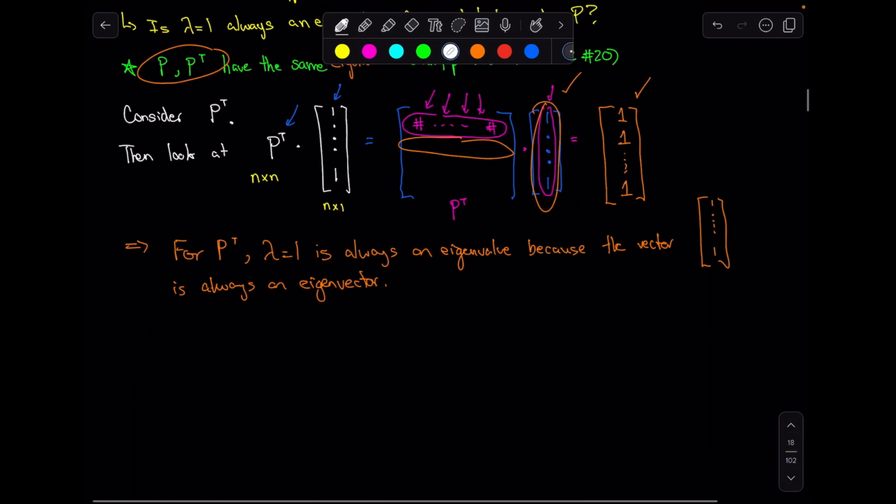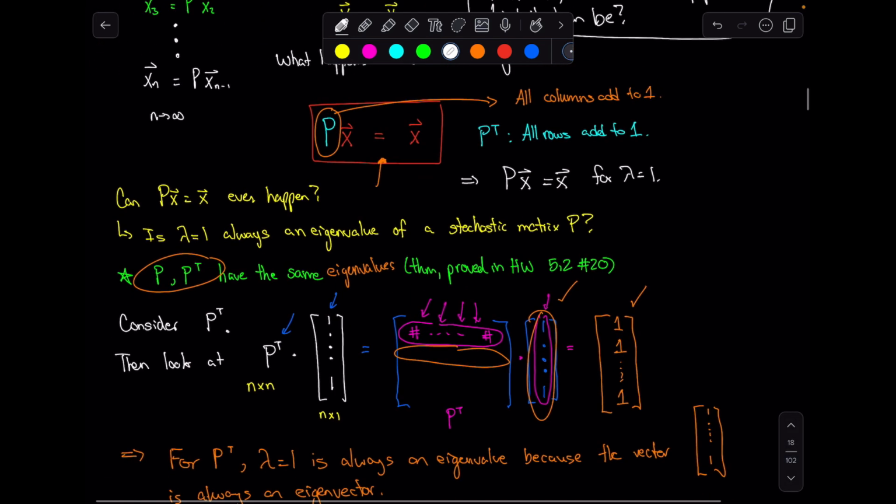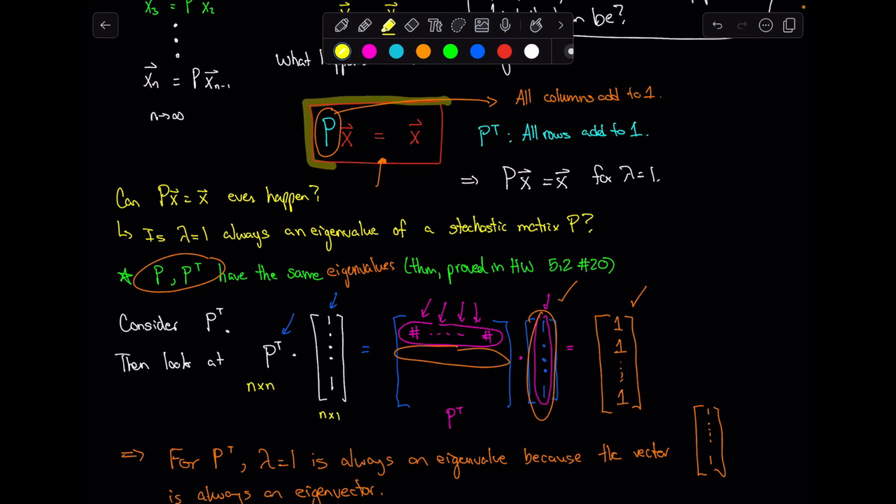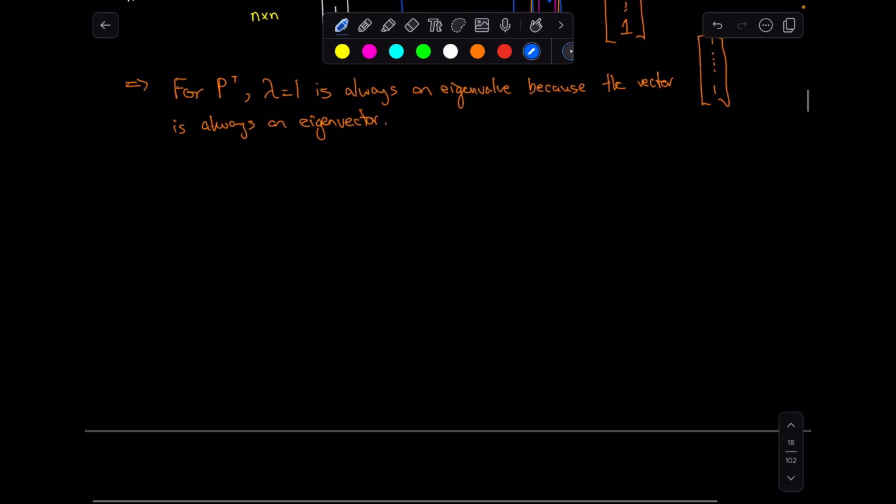And so earlier we said that this question always has a solution. It turns out that the particular vector here, we usually call this vector q. So I'm going to write that down here.